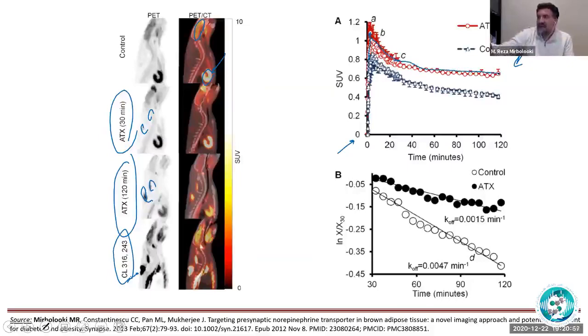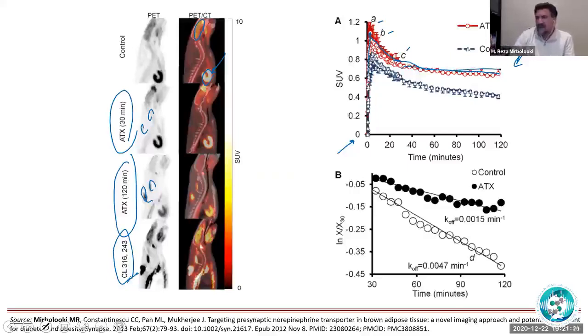The SUV, standard uptake value, was significantly higher in A, B, and C. A was about 5 minutes after injection and PET scan start, B was about 10 minutes, and C 30 minutes, and it remained consistently higher after that.